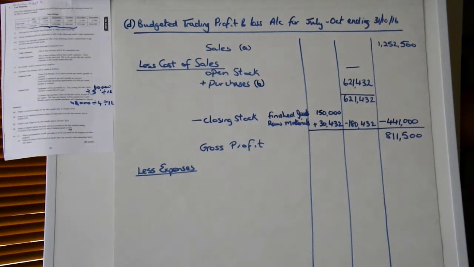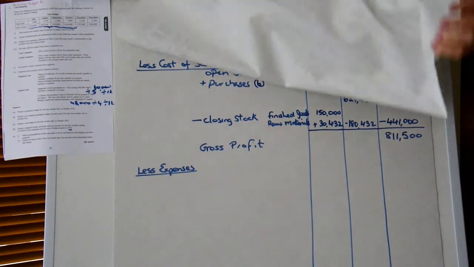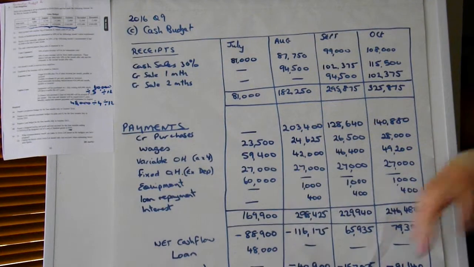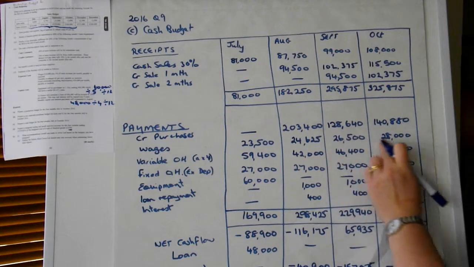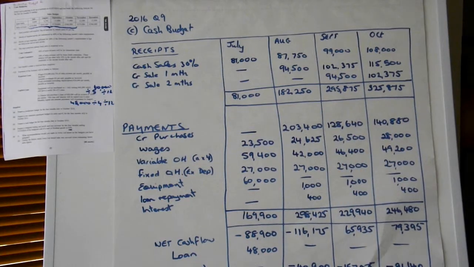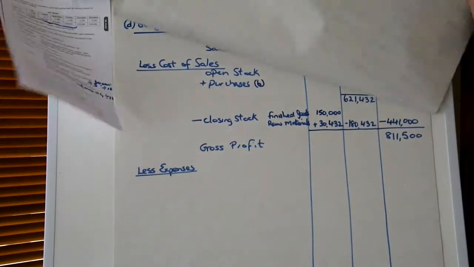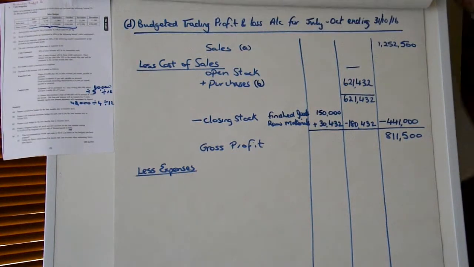So the expenses can be taken directly from Part C, and again simply total them up. If we take wages for the 4 months, you simply add these three together and you get your total for wages, and so on with fixed and variable overheads.